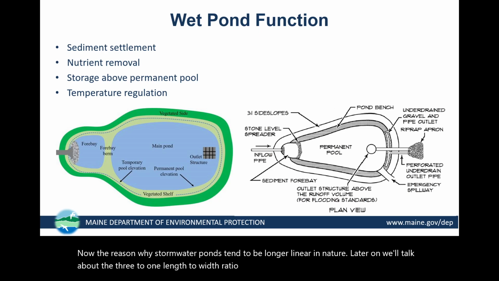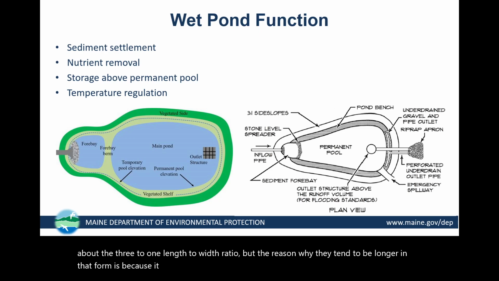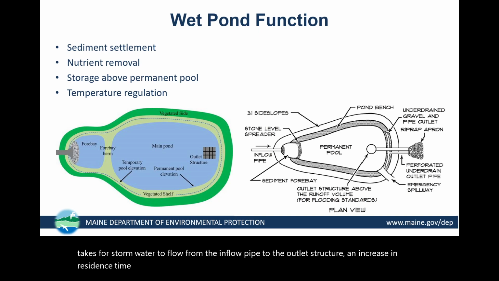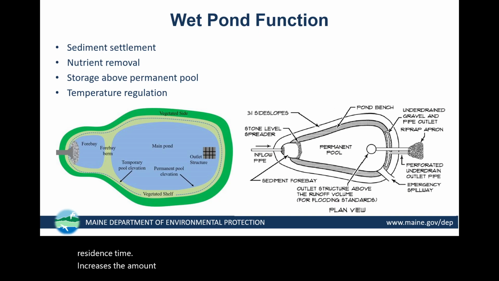But the reason why they tend to be longer in that form is because it increases the residence time, or basically the amount of time that it takes for stormwater to flow from the inflow pipe to the outlet structure. An increase in residence time increases the amount of settling that occurs, which helps improve the quality treatment.